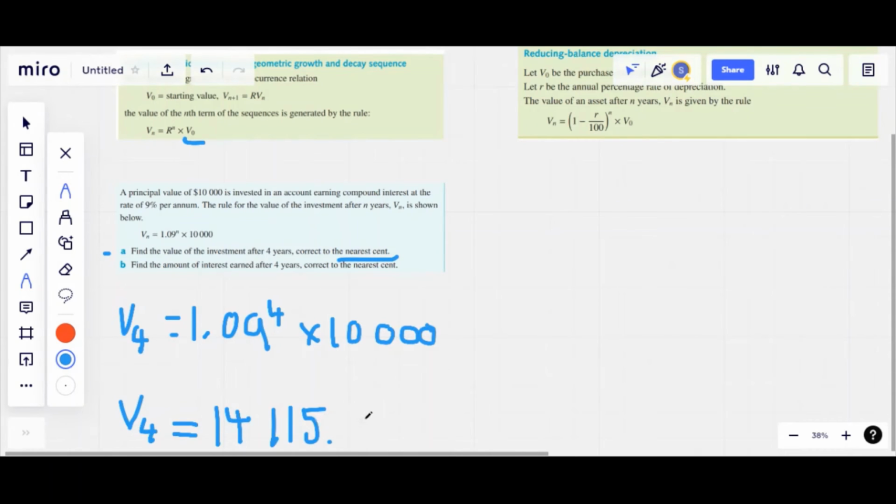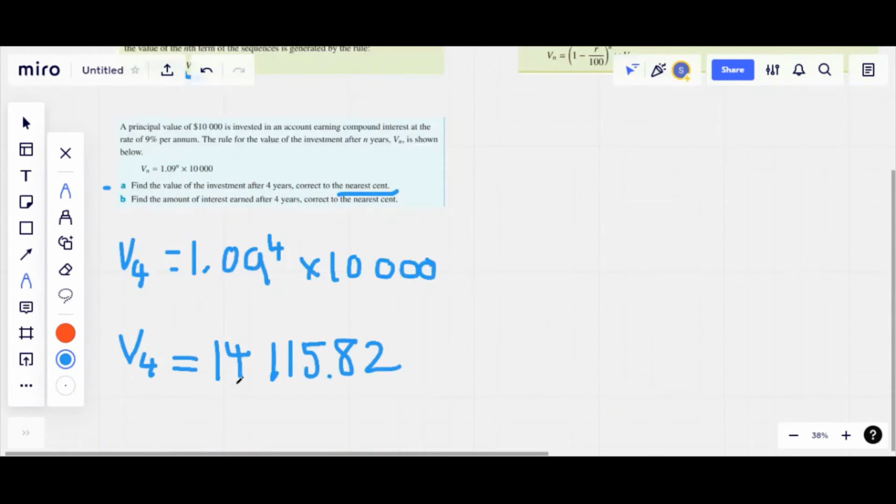The value here gives us 0.816, but we need to round that to 2 decimal places because the cents only go to 2 decimal places. So let's change that to 0.82. So our value after 4 years is $14,115.82.